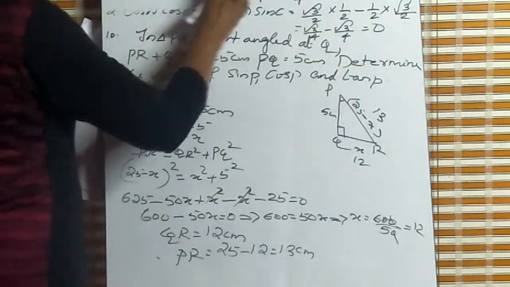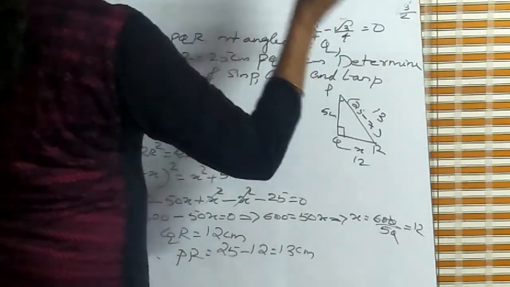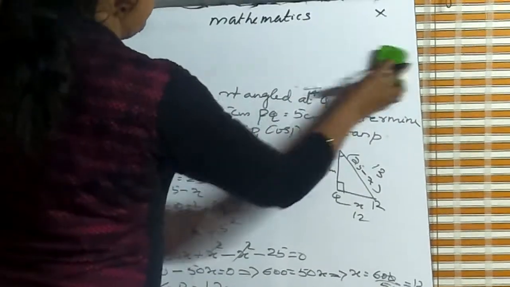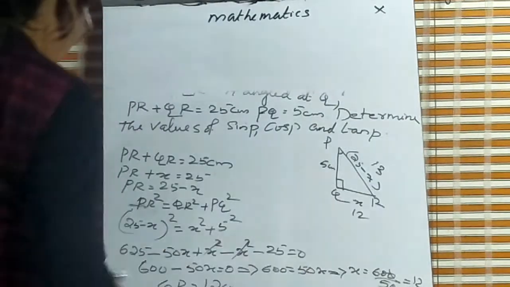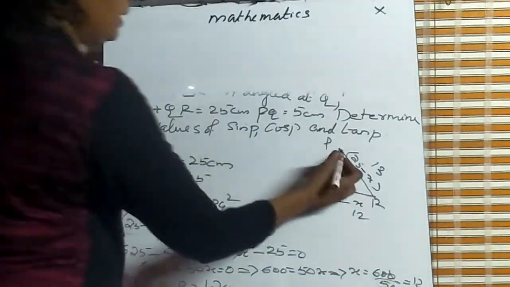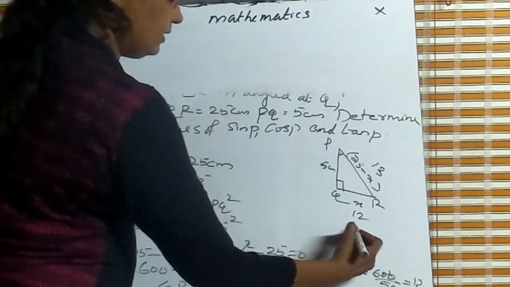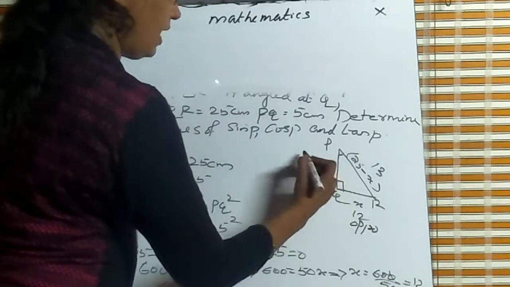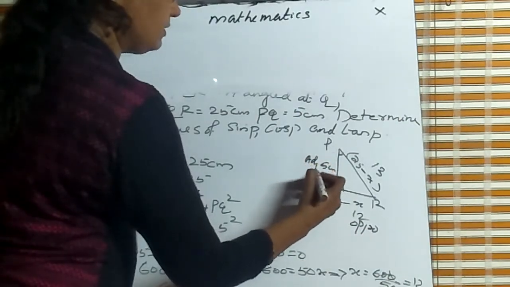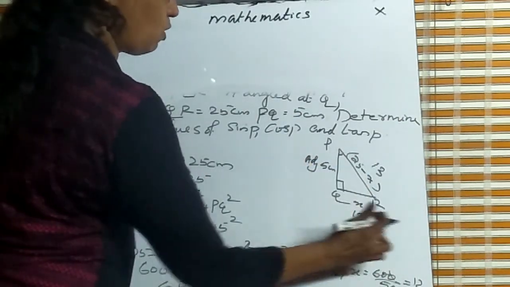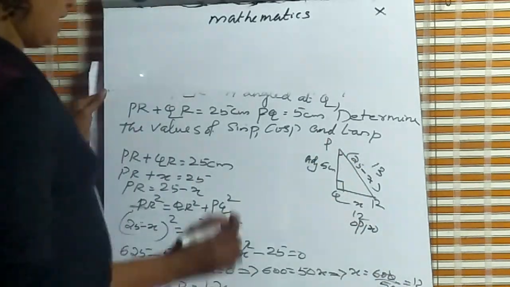Now, we have to find the trigonometric ratios of angle P: sin P, cos P, tan P. Based on this angle P, 12 is the opposite side and 5 is the adjacent side.